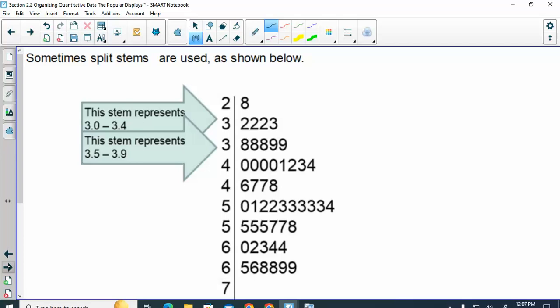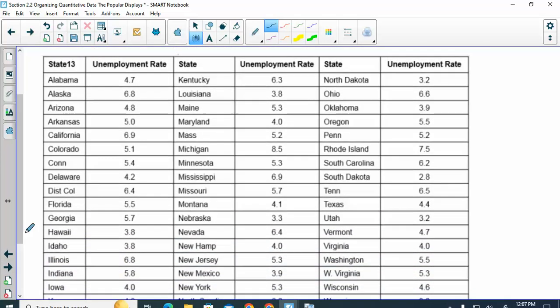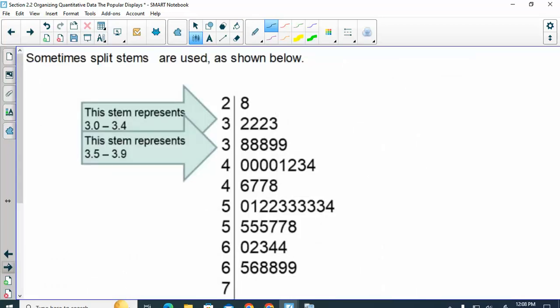This one is a little bit different than a traditional stem and leaf plot. This one is called a split stem because there were a lot of values with the same stem. A lot of 4 point something. And so if you have a really big spread like that, you might want to set it up this way. If you look at this, this stem is going to have everything from 3.0 to 3.4.